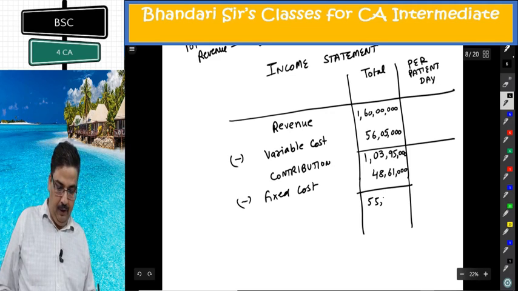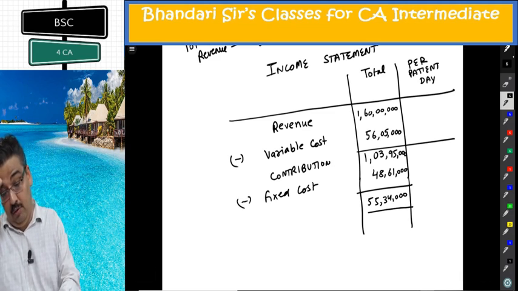So I am getting profit 55,34,000. Question does not want this.